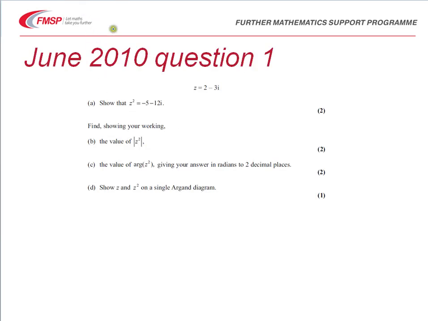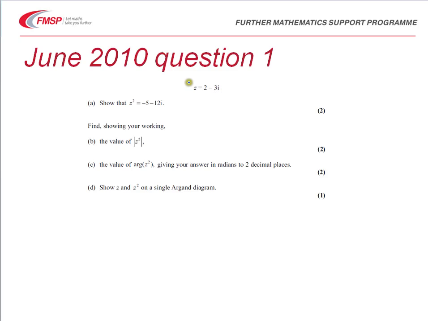Okay, moving on to some exam questions then, looking at this topic. Here's a fairly typical early question on an exam paper, this one particularly early, question 1. So the first part is simply showing that z squared is equal to something, actually given.